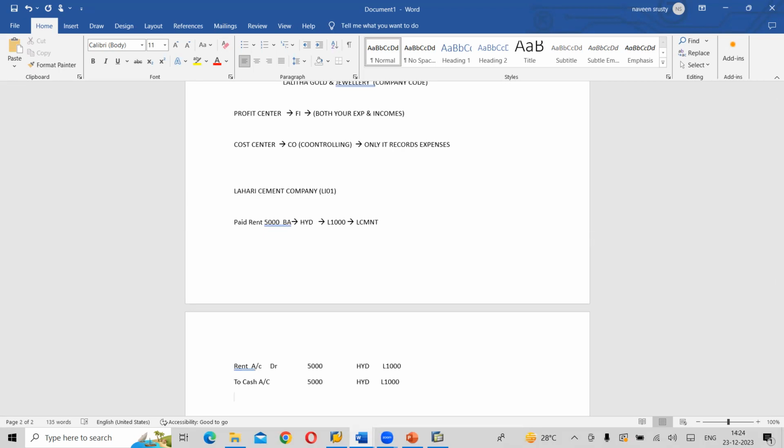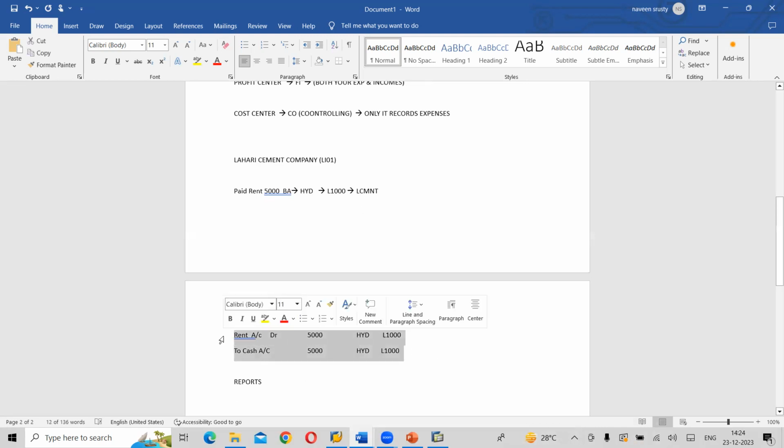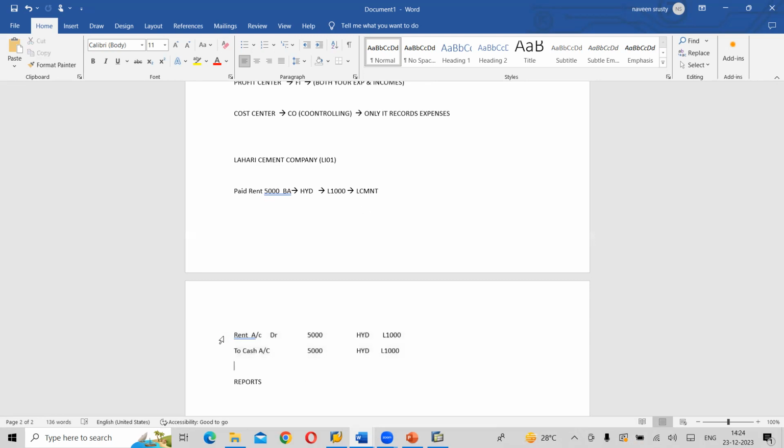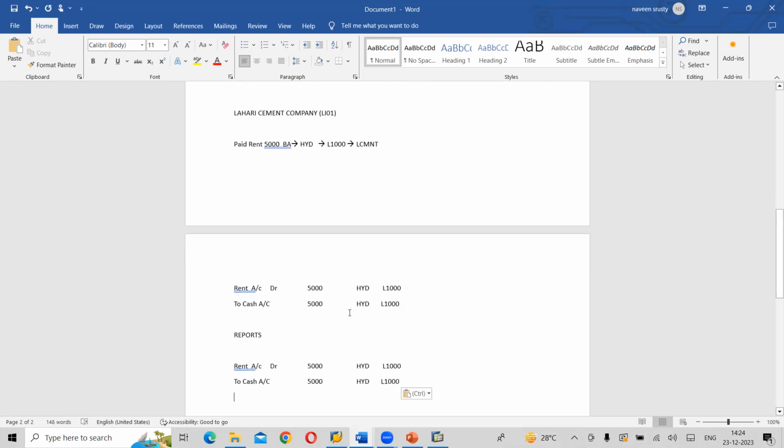Okay, so how it will take: when we generate a report, it will show in the reports here as rent account.